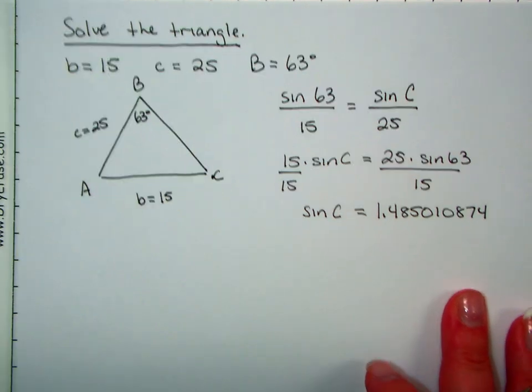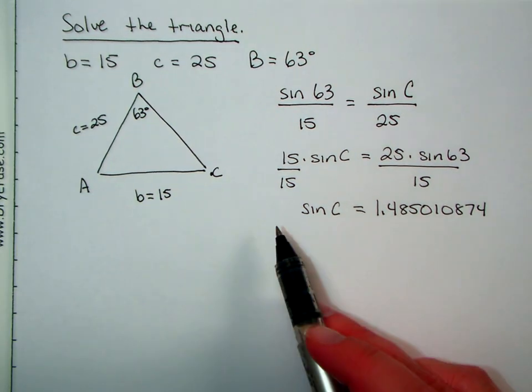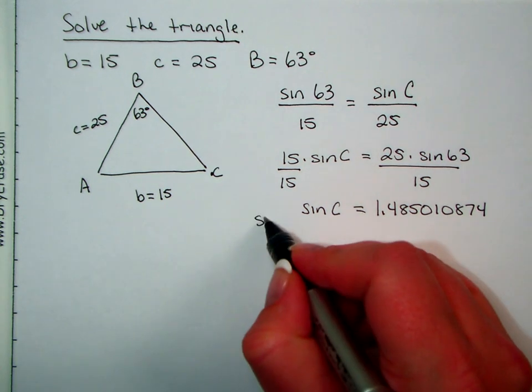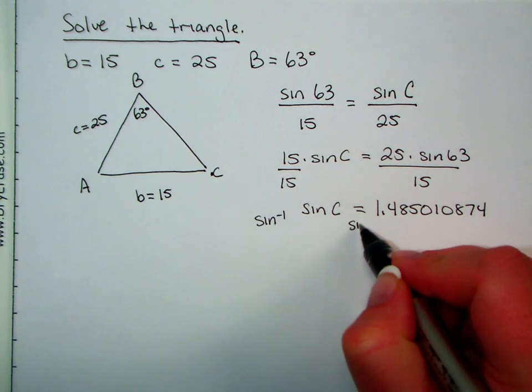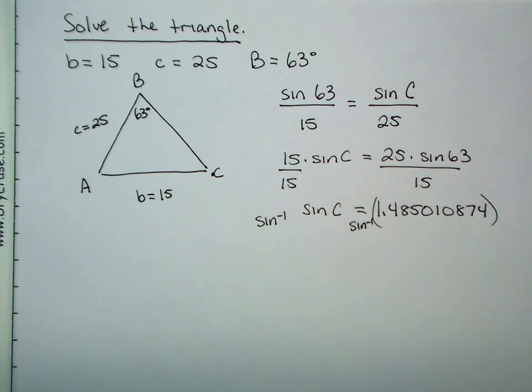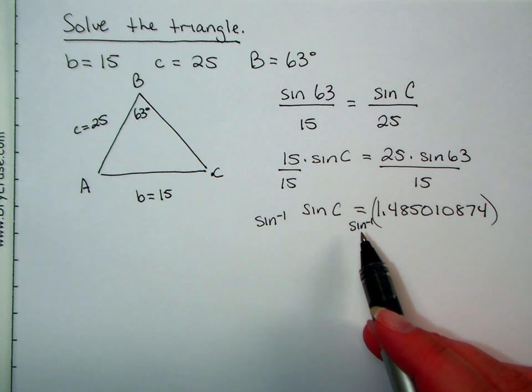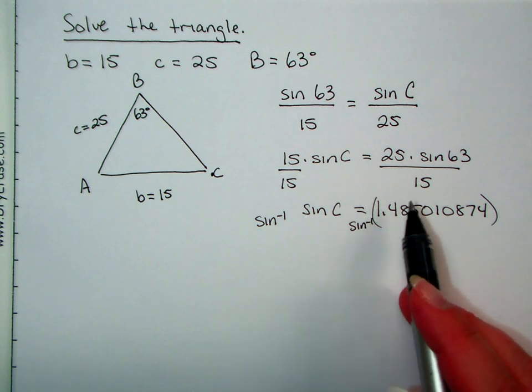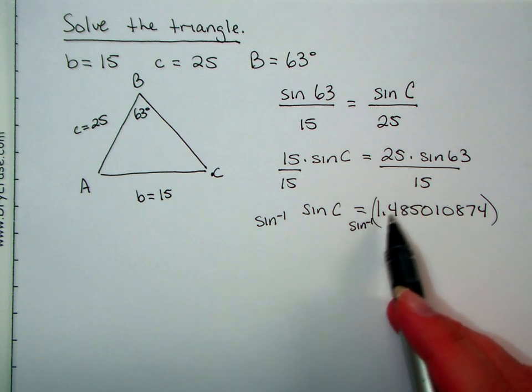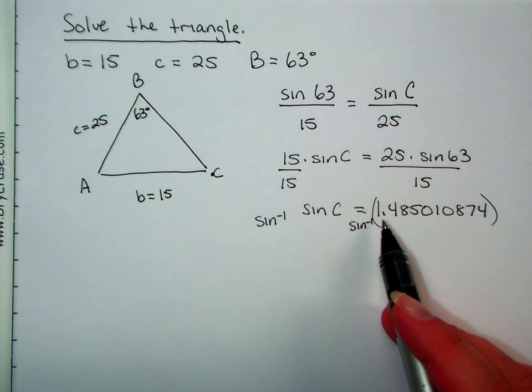Now to solve for angle C here, what are we going to do? We're going to inverse sine this, right? So you can type that into the calculator if you want to, but remember what the domain of sine inverse was. The domain of sine inverse is the range of sine. And the range of sine just goes between -1 and 1 because it's the amplitude. And so 1.4 is outside of sine's range, and therefore sine inverse's domain.